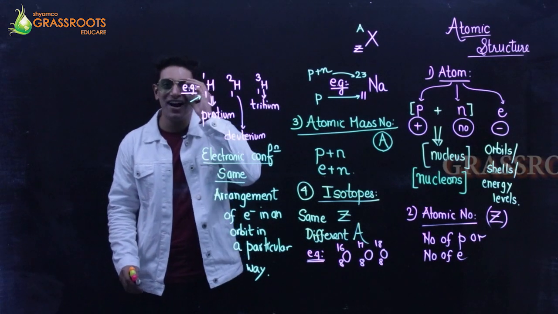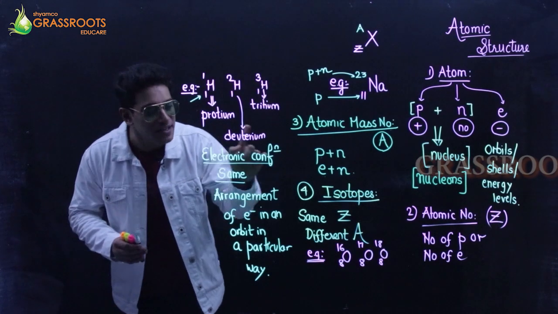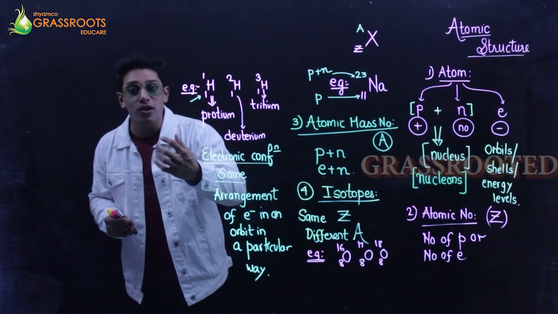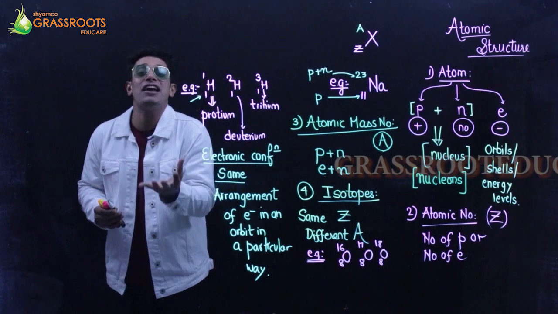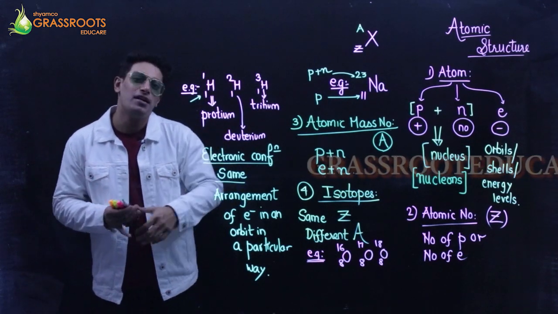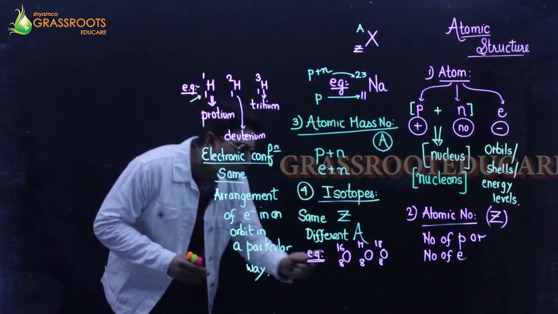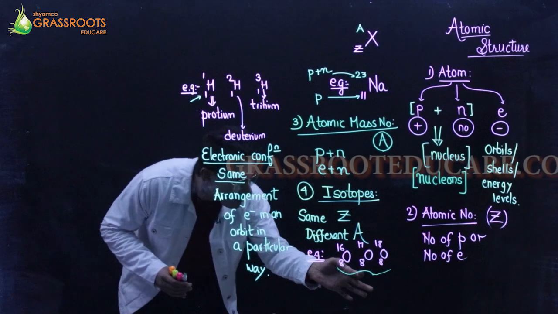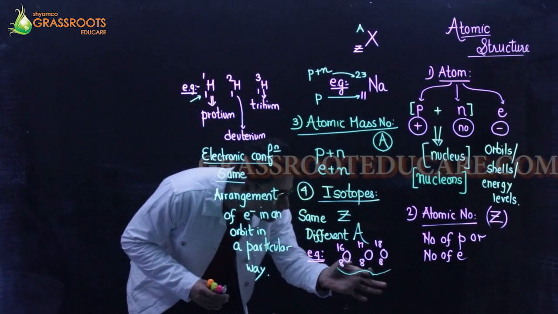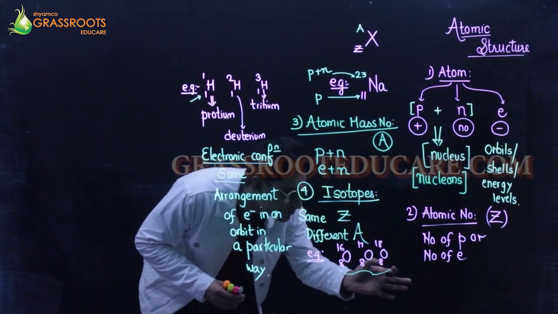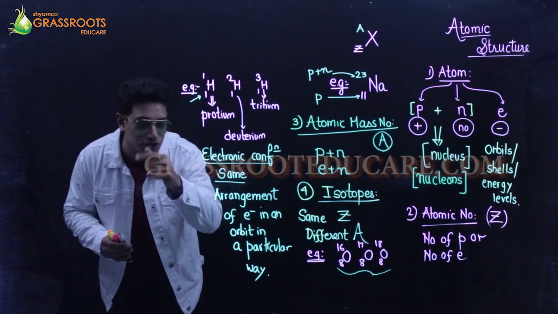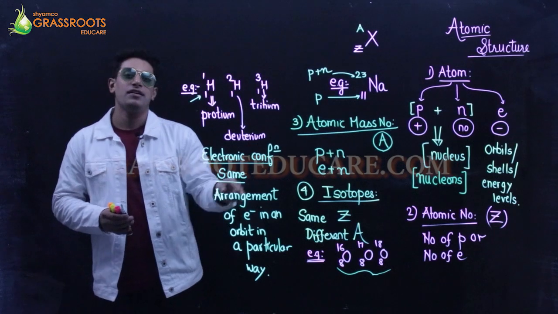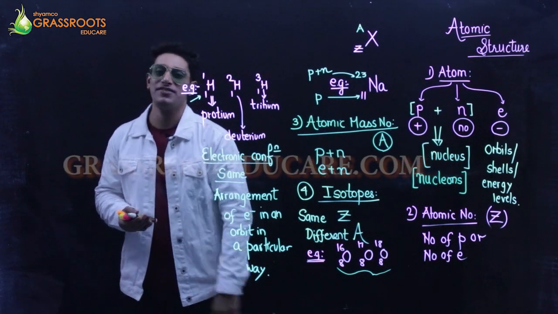Can I say electronic configuration is responsible for the chemical behavior of an element? Now tell me one thing, in all these three isotopes, the number of protons and the number of electrons is the same. That means the electronic configuration is the same. That means they show similar chemical properties.